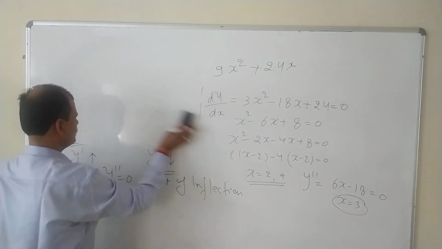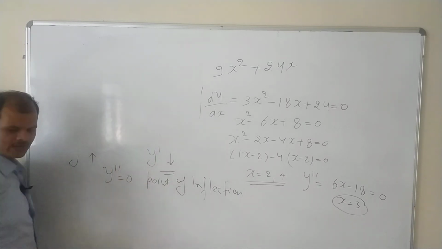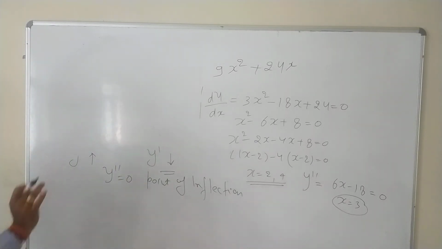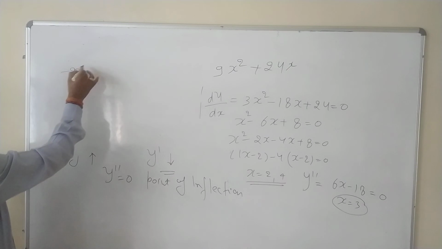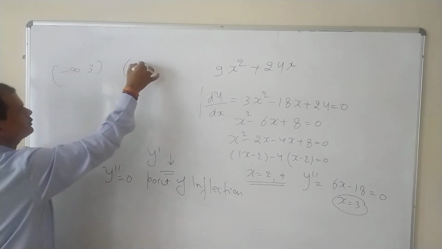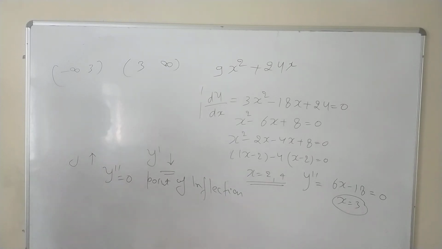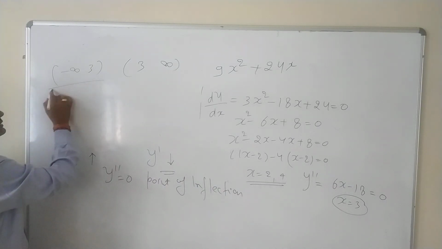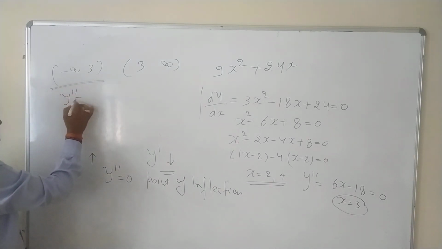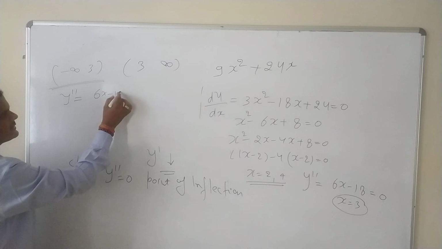Fine. So for the concavity we will have two subintervals: minus infinity to 3 and 3 to infinity, because at x equals 3 the double derivative is 0 and the concavity nature changes. Let us see what the second derivative is. y'' equals 6x minus 18.